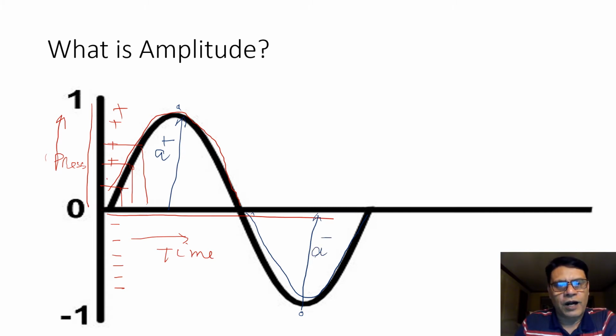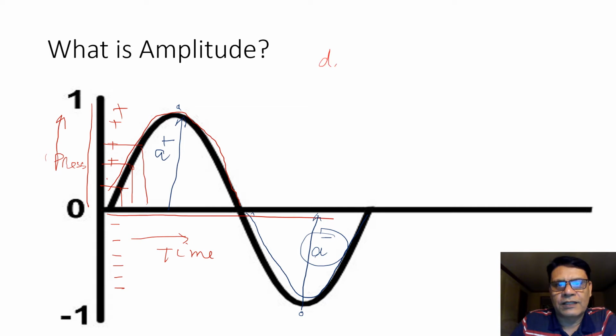So we got two amplitudes, positive amplitude and negative amplitude, in a single cycle of a wave. This amplitude is called positive amplitude because it is on the positive side of the neutral line, above the neutral line, and this amplitude is called the negative amplitude because it is on the negative side of the pulse.